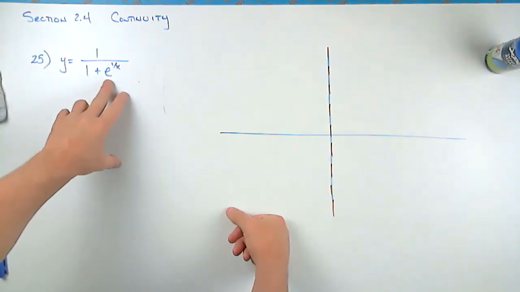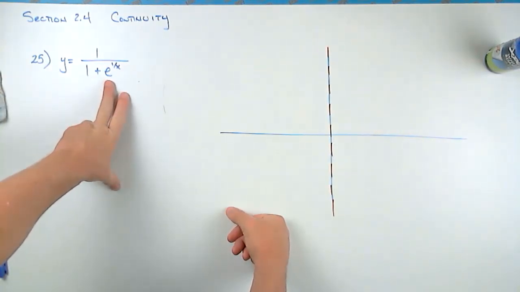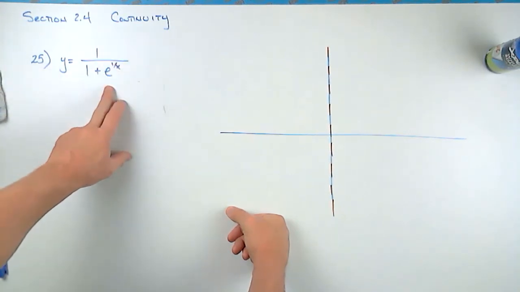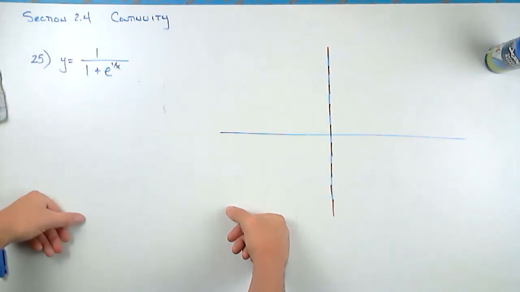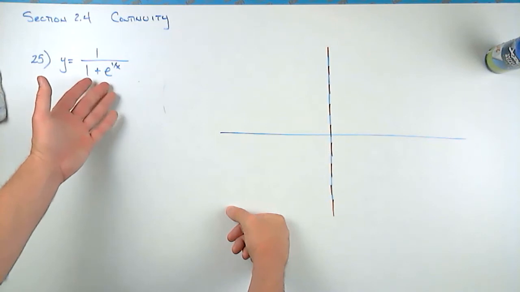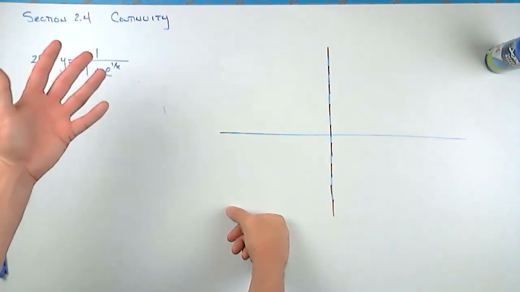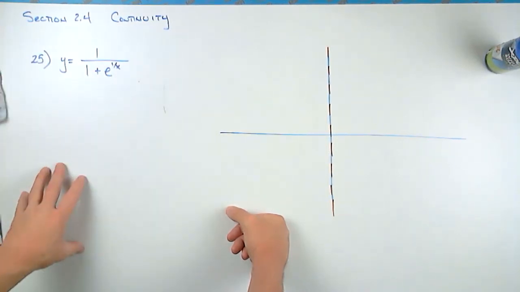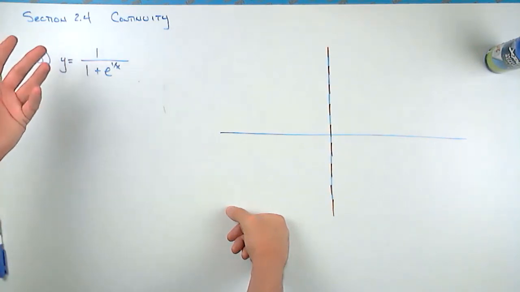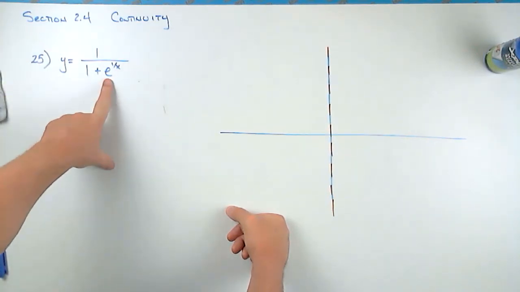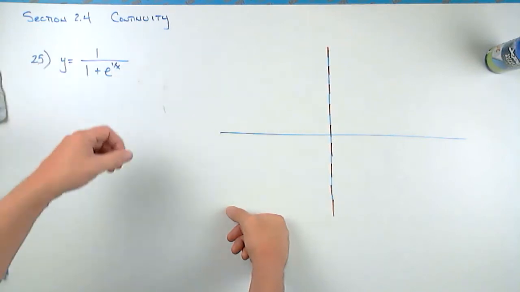So that would be 1 plus 2.718. Well, that's a number. And 1 divided by that is going to be around 1/3. So if we plug in a 1, we're going to get a number out. It's going to be close to 1/3. Actually, I guess it's closer to 1/4, because that's 2.7 plus 1, 3.7. It's closer to 1/4.